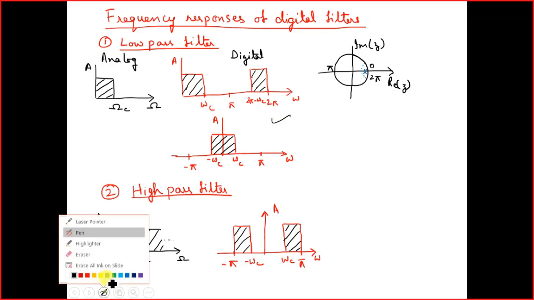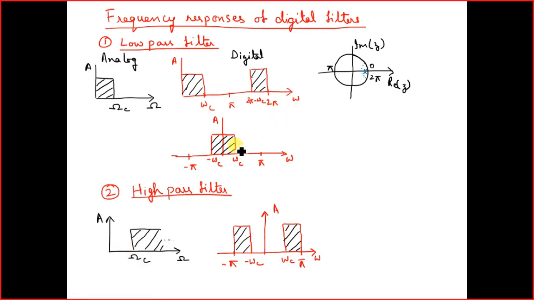So what is happening? See, if you look into the z plane, we can start with 0 and we can end at 2 pi, right? So what is the range? The range is 2 pi. Now say this is 0.